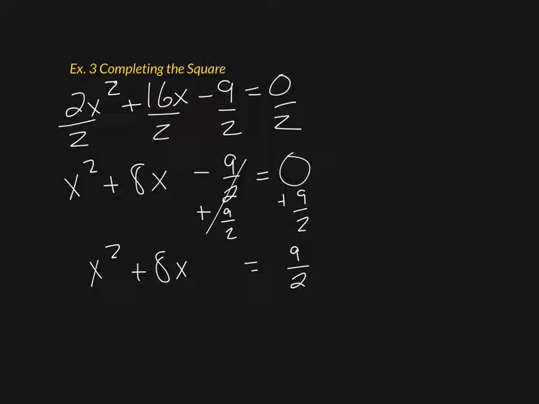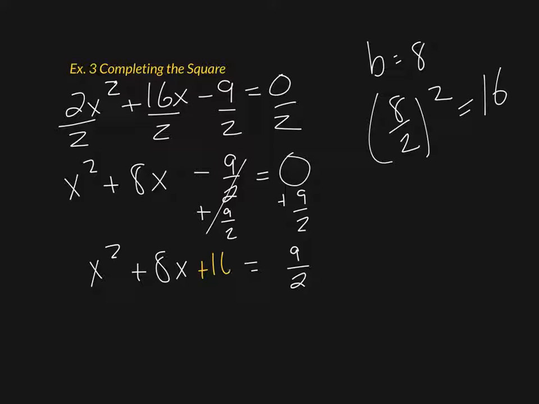Now we're going to do the complete the square part. Our b is 8, right? So remember we take 8 divided by 2 and square it. 8 divided by 2 is 4. 4 squared gives us 16. So we are going to add 16 to both sides.